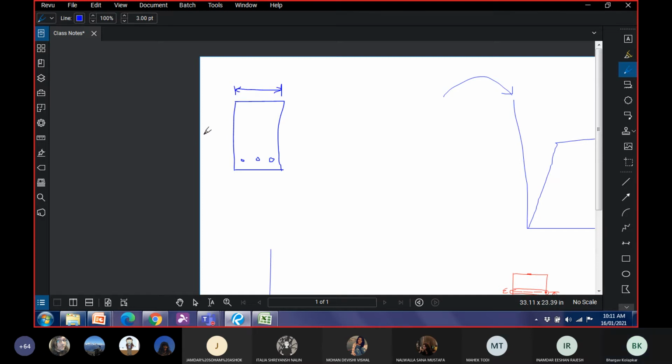Say if this is the neutral axis, the way I'm looking at this section while designing it is that the section is something like this, and there's concrete only in this region. There's no concrete below this.